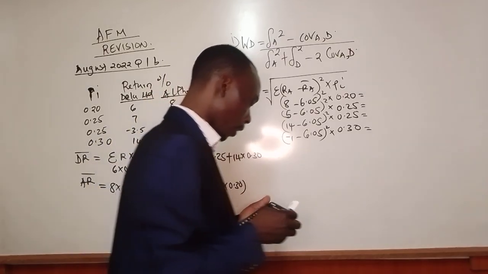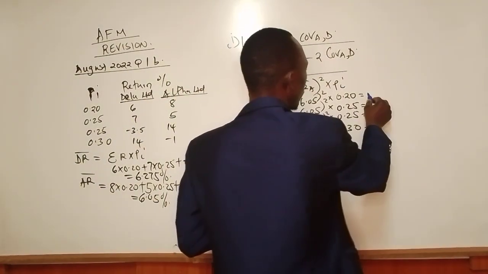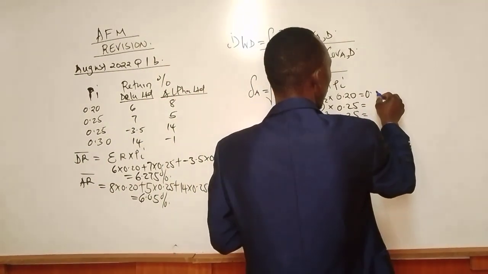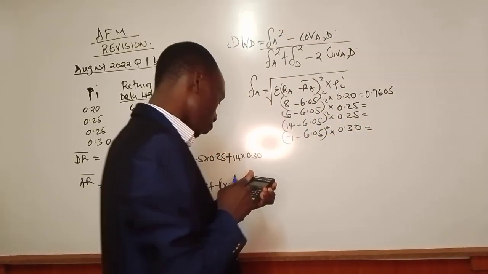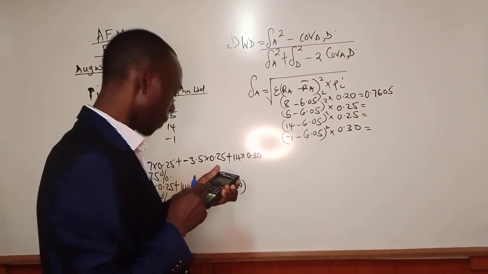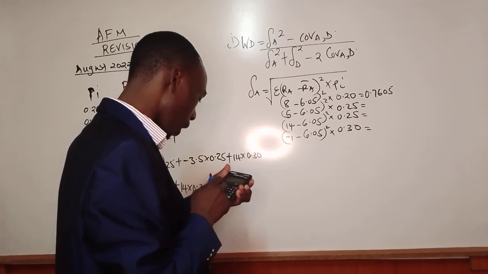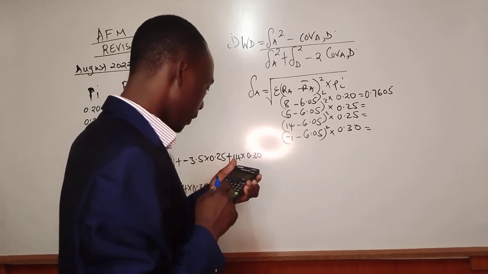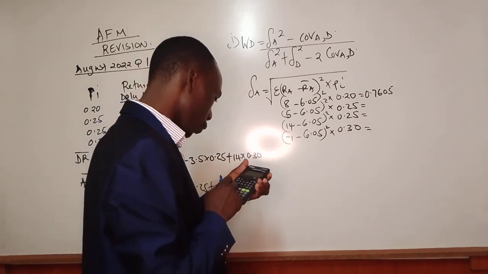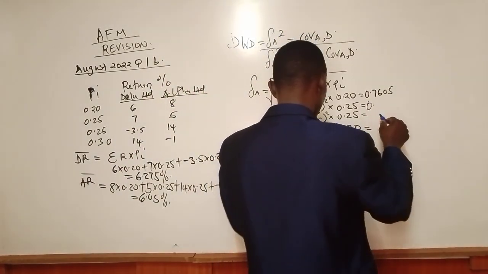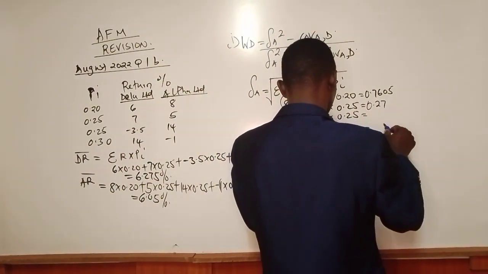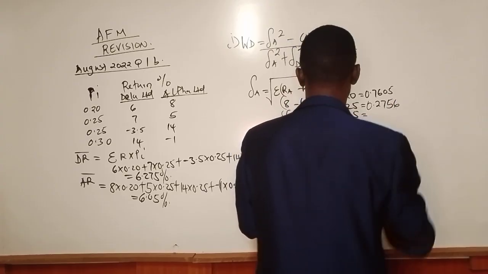The first case, we are going to get 0.7605. The next one is 5 minus 6.05, you square, times 0.25, so this one will be 0.276.